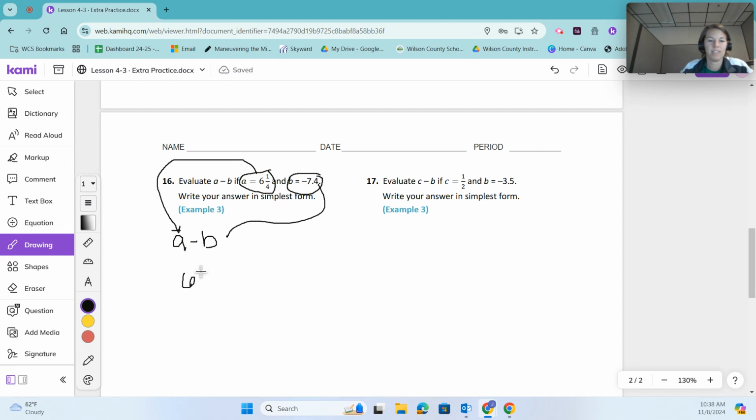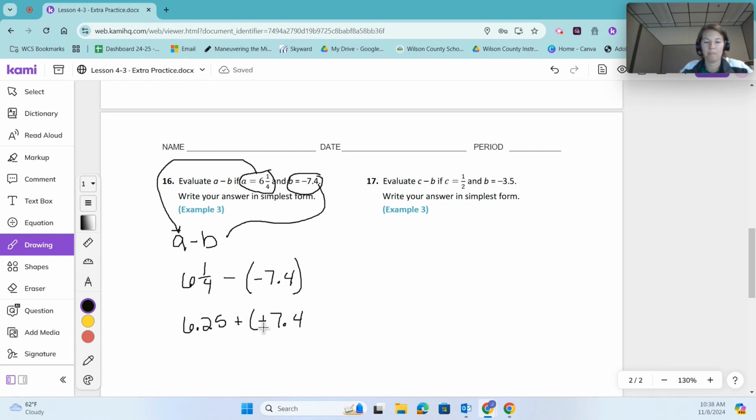So we have 6 and 1/4 minus, and because this is a negative 7 and 4/10, I'm going to go ahead and put that in parentheses. You can turn these both into fractions or both into decimals. And 1/4 is easily written as a decimal. It is 0.25, so I have 6.25 minus negative 7.4.